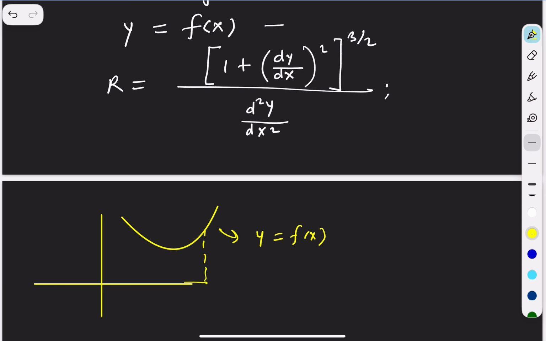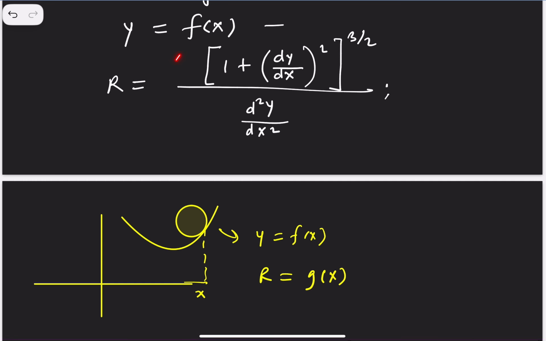Here, if you want the radius of curvature, first you will get r as a function of some, let's say, g(x), because you are doing all this mathematical manipulation.